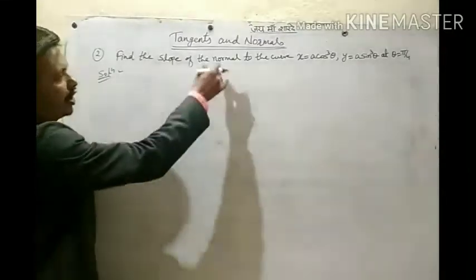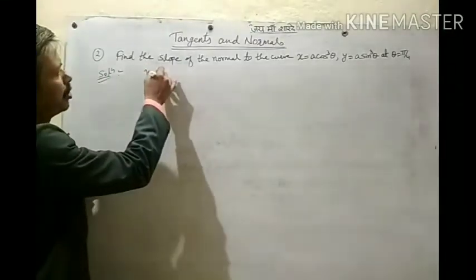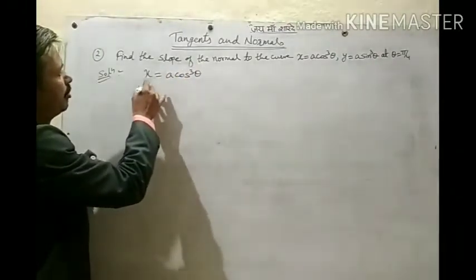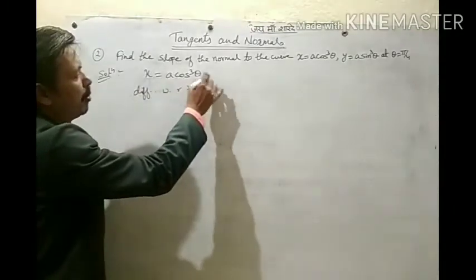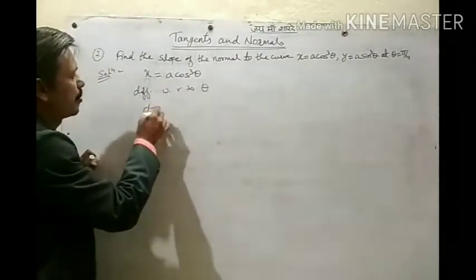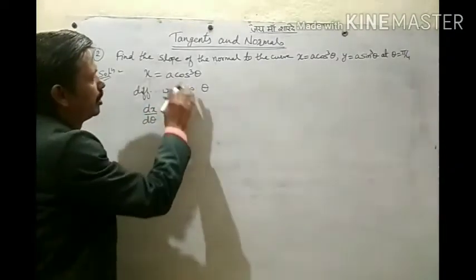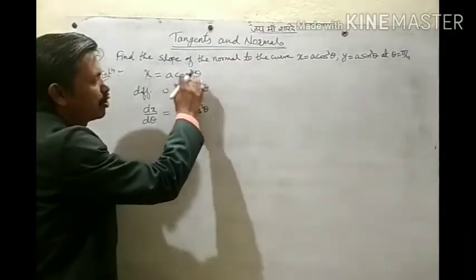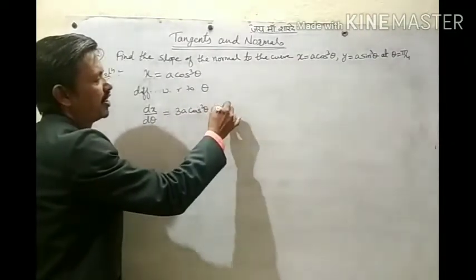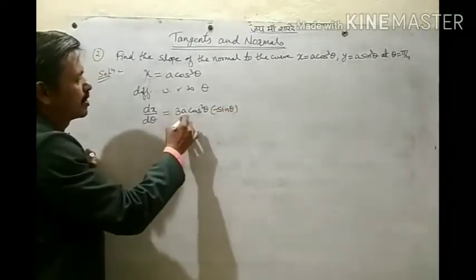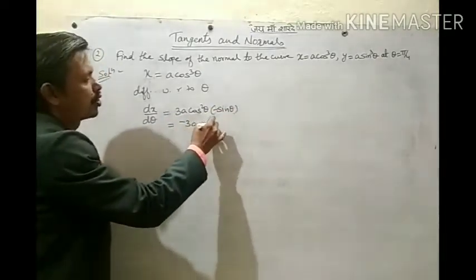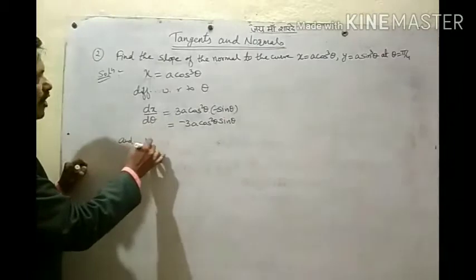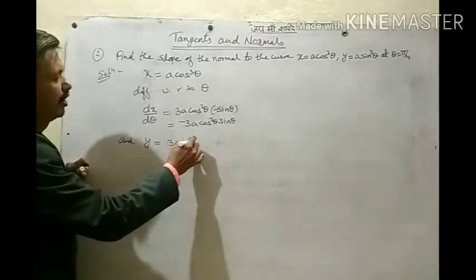So first, we have x equal to a cos cube theta, then differentiating with respect to theta, our parameter is theta, so we get dx by d theta. It will be derivative of cos cube, 3a cos square theta, and again differentiating cos, we get minus sin theta. So derivative of x will be minus 3a cos square theta sin theta. Okay? Then y we have a sin cube theta.